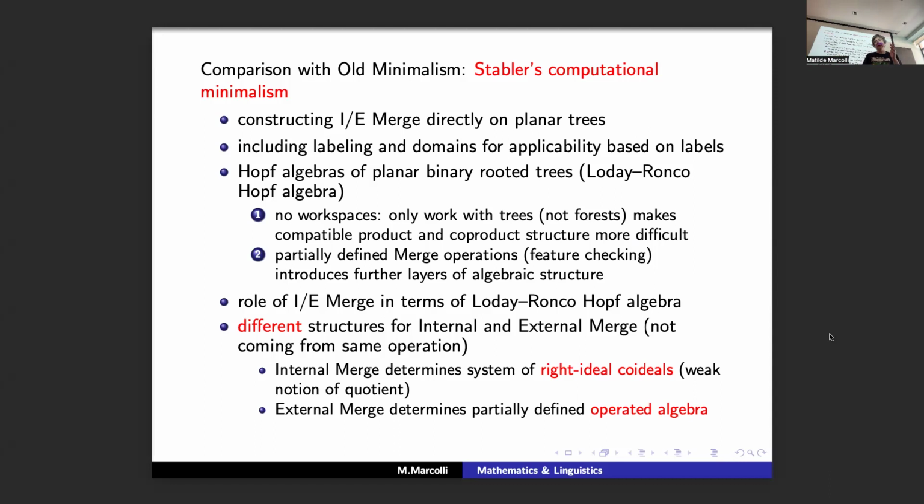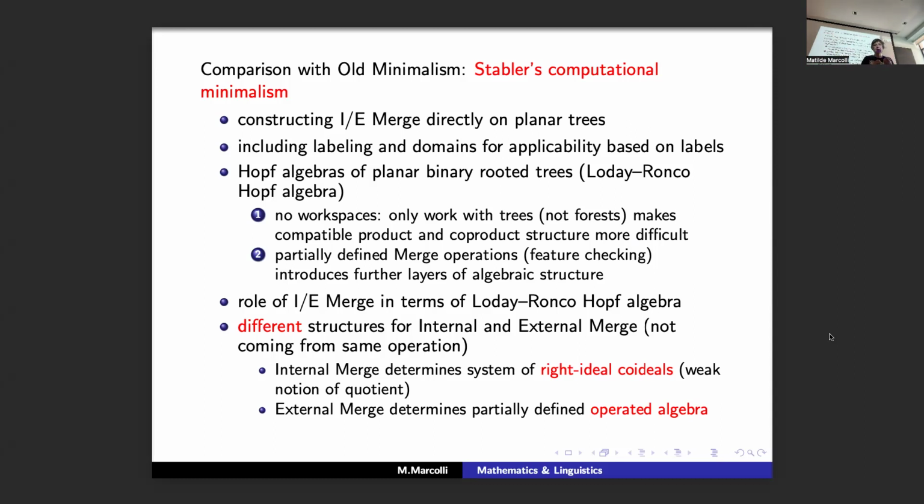And also, instead of this idea that you build your structure by assembling various material available in a certain workspace, in this older version of minimalism, you just work with trees. So you never consider forests. Your operations should always take a tree and give you another tree.